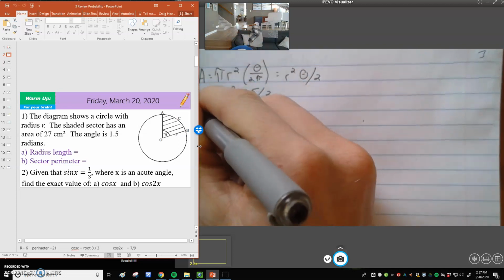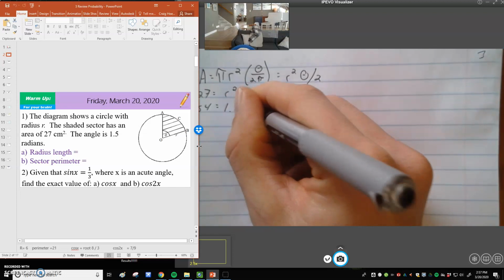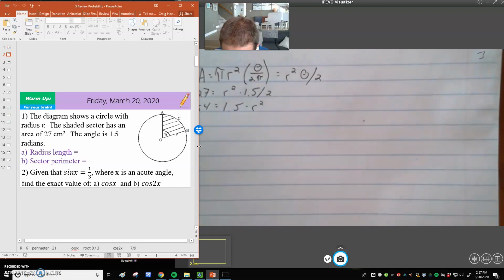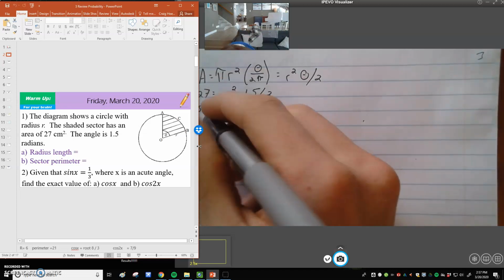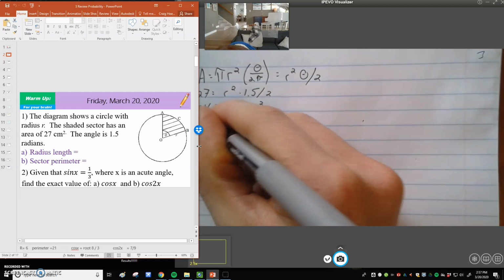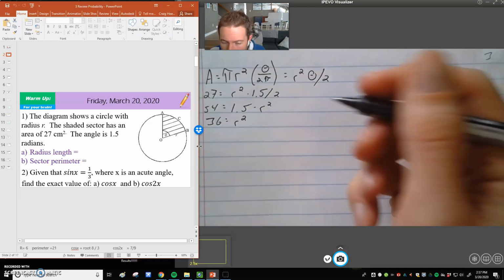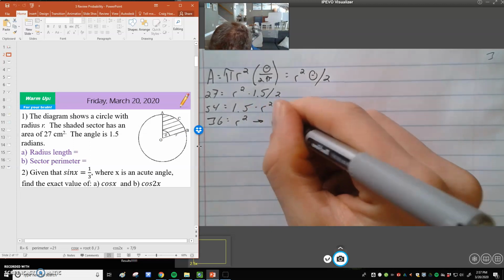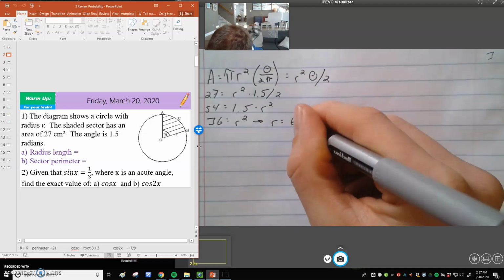Multiplying by 2, we have 54 equals 1.5 r squared. Let's divide by 1.5. I'm going to cheat real quick and use my calculator. And we conveniently get that 36 equals r squared. Can you see that okay? Thus, r equals 6. Now, what are our units? Centimeters.